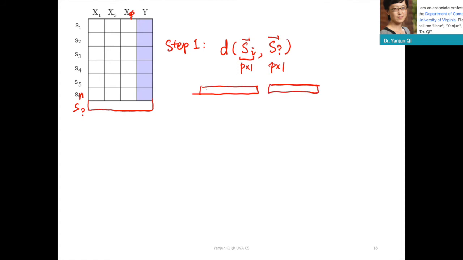So these are your features, x1, x2 onto xp. Yes, it's actually O(p), correct.